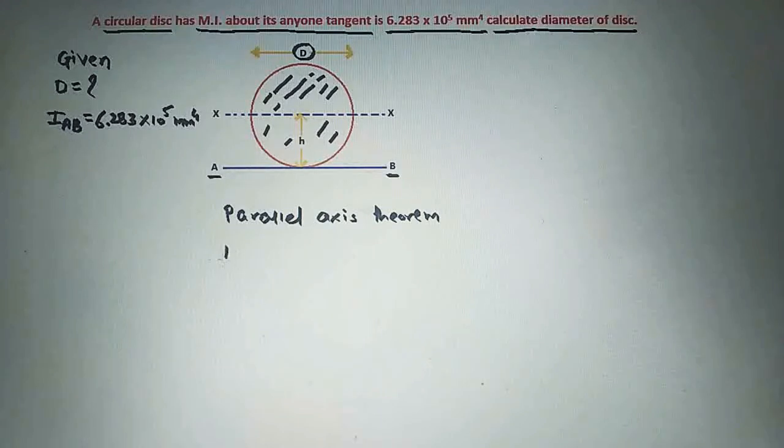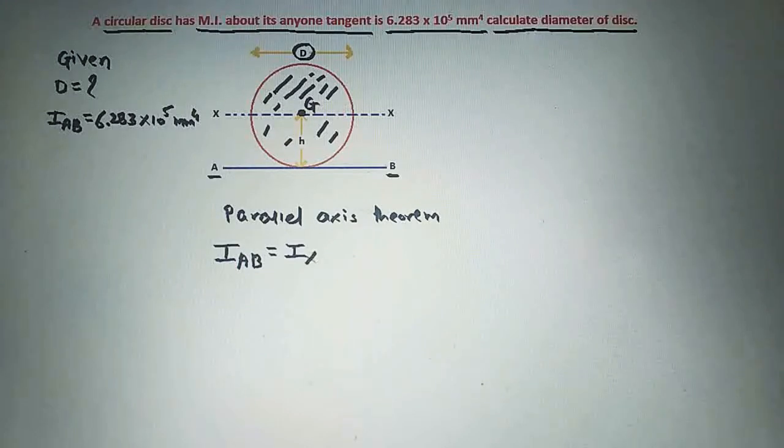So we can write here the moment of inertia of axis AB, that is tangent AB, is equal to the moment of inertia about an axis which is parallel to this AB and passing through the centroid of this circular disc. See here, this is the centroid G of this circular disc, and this x-axis is passing through the centroid of this circular disc and it is parallel to the AB.